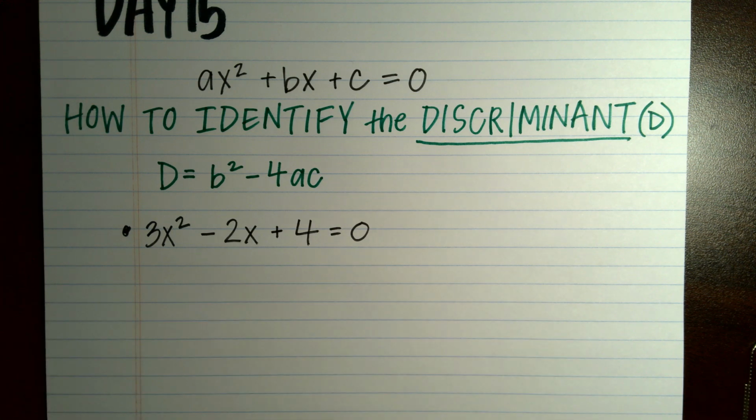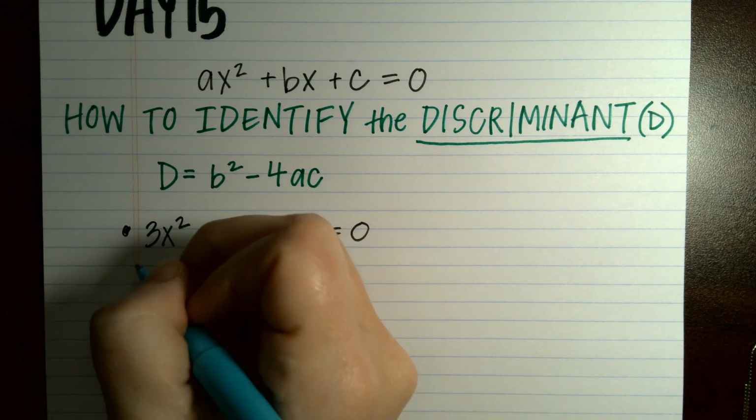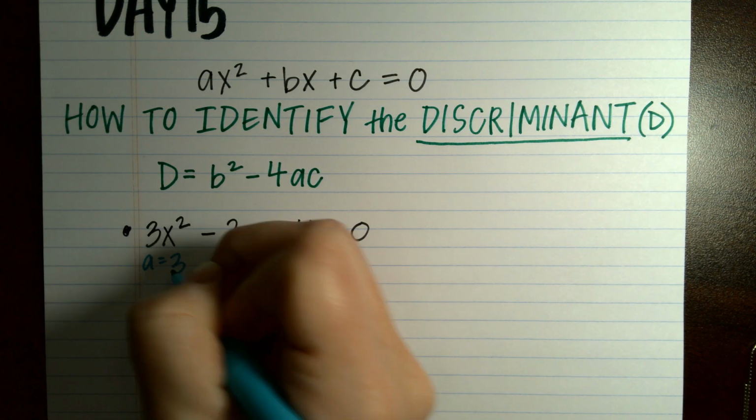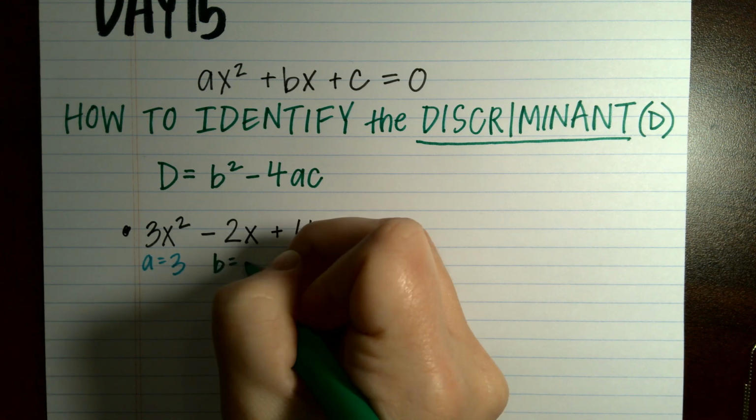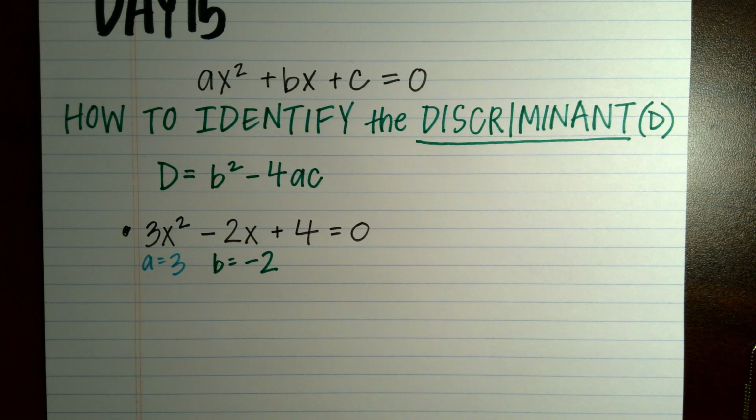So first let's identify our A, B, and C. What's our A? 3. A is 3. What's our B? -2. Good. B is -2. And what's our C? 4. +4. Good.